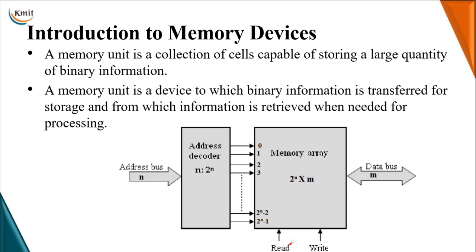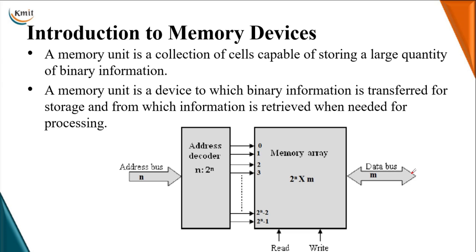In the same manner, when I want to retrieve data from a memory location, first I need to select the particular memory location through the address bus. Upon selecting it, the data is retrieved from the memory through the data bus and transferred to the output devices.